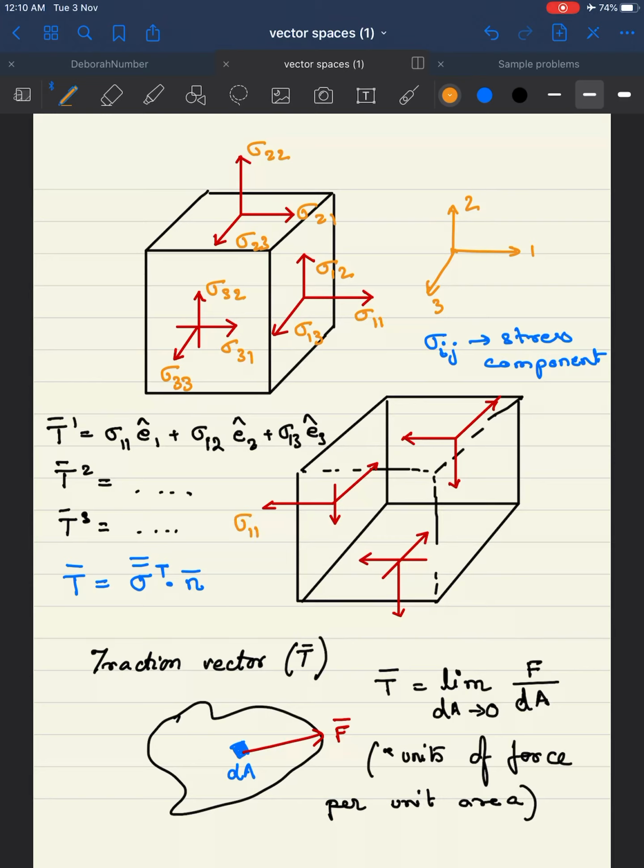So that's how, when you do this, on the other face the normal to this face is in the other direction, that is why the sigma 1 has to be in the other direction to nullify for that. Okay, so what will happen is all these different components will reverse on the other face.